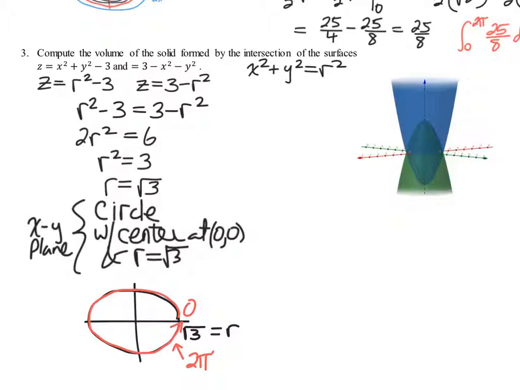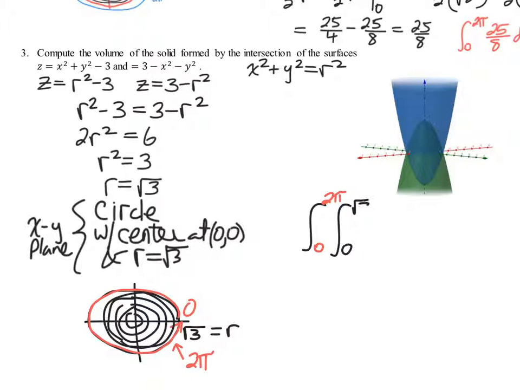All right, so next step in the process would be to establish our double integral. We know we're taking one full turn around the circle. Our r value is going to span outward from 0 all the way to radical 3. And I just want to subtract my functions in the appropriate order.